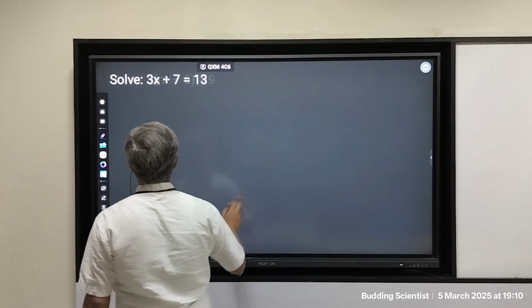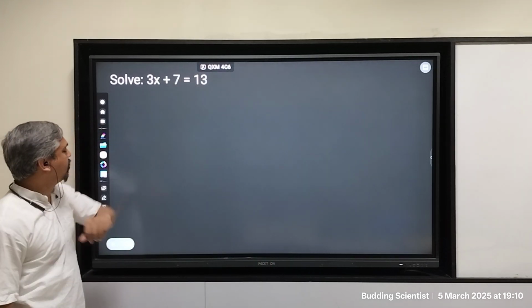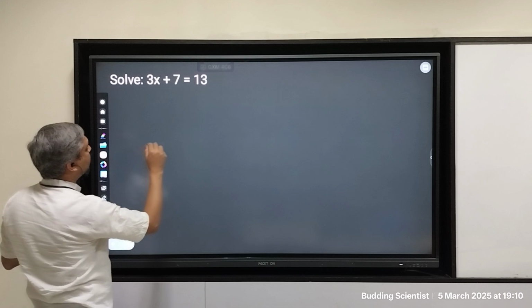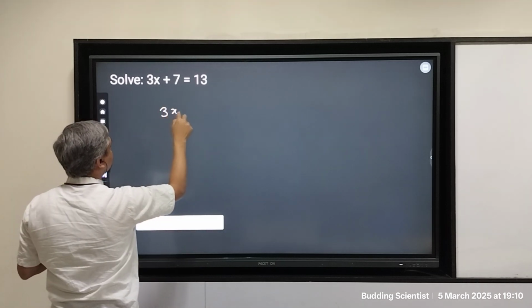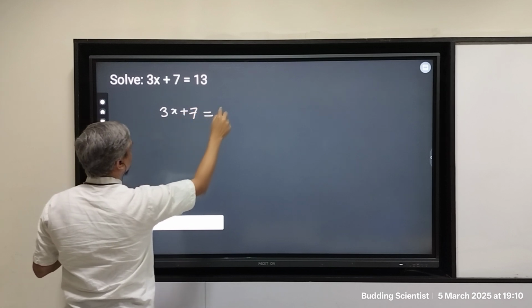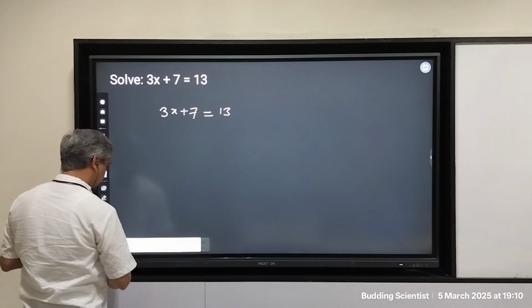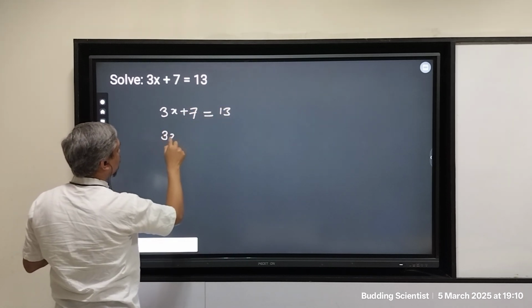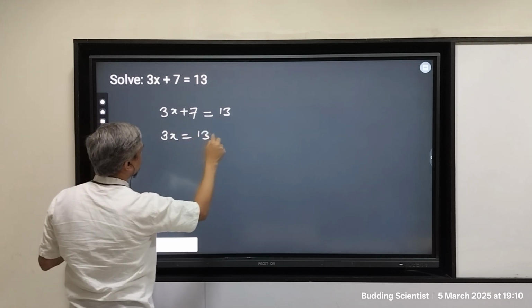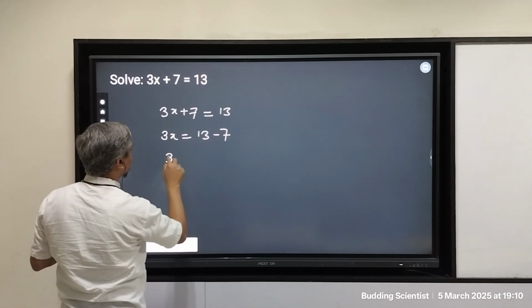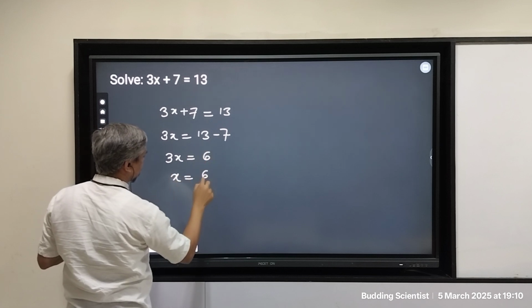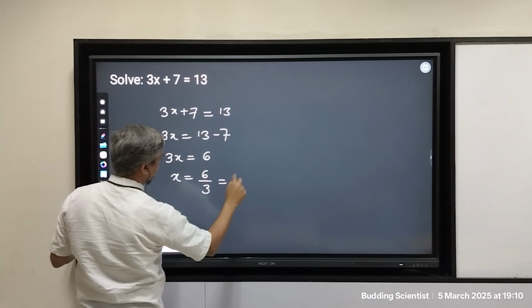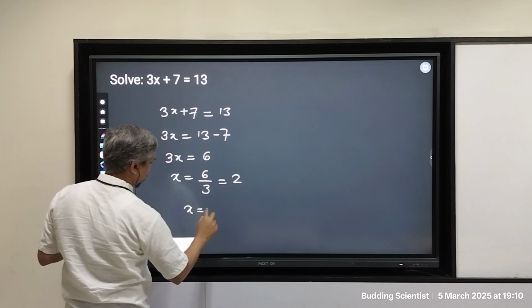The next problem. 3x plus 7 is equal to 13. So 3x is equal to 6, and x is equal to 2.